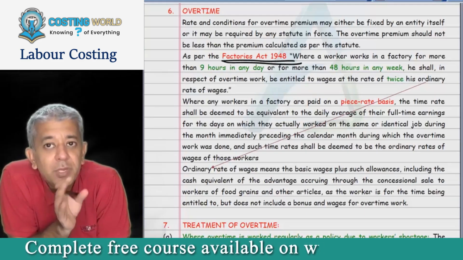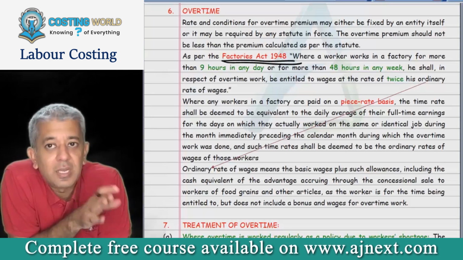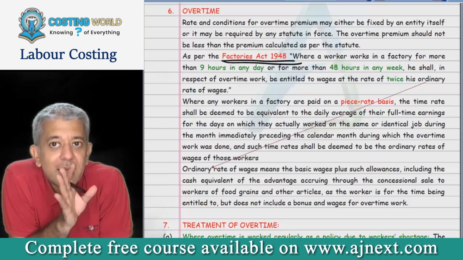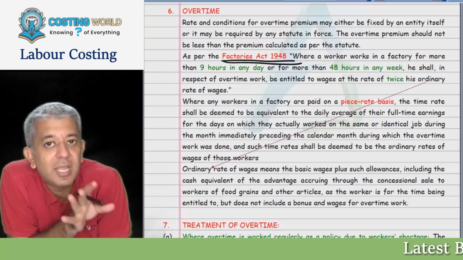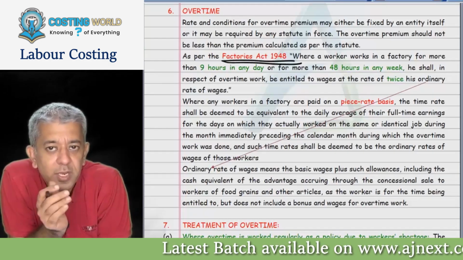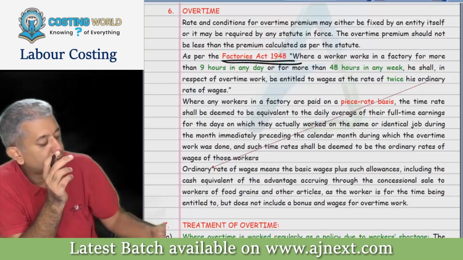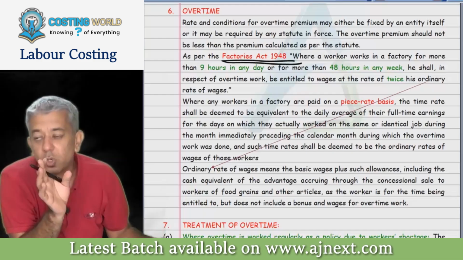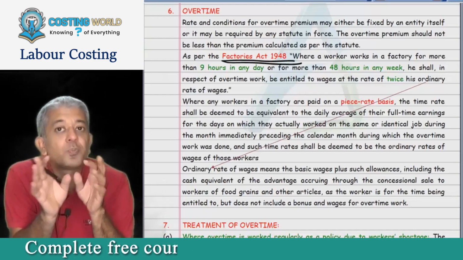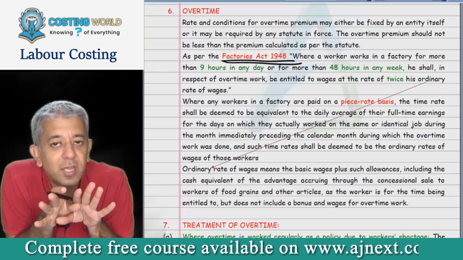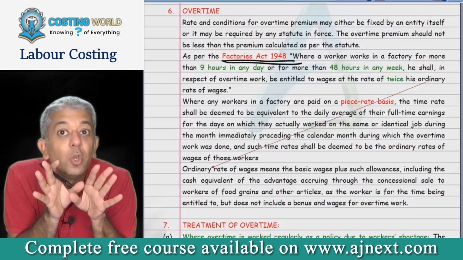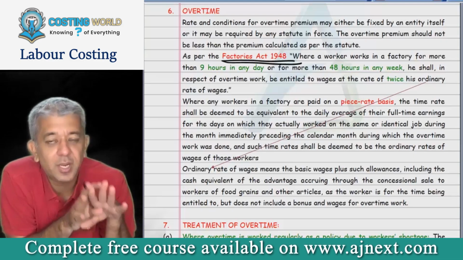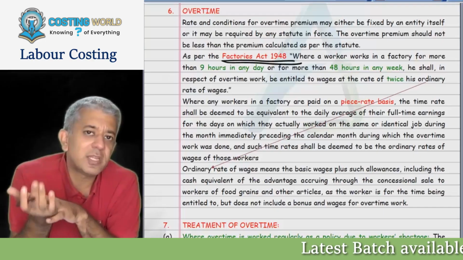But a company's policy cannot result in lower wages as compared to whatever is mentioned in the Factories Act. Was my language very clear? So, a company cannot exploit the workers by giving them wages lower than whatever is mentioned in the Factories Act. You can obviously pay more.